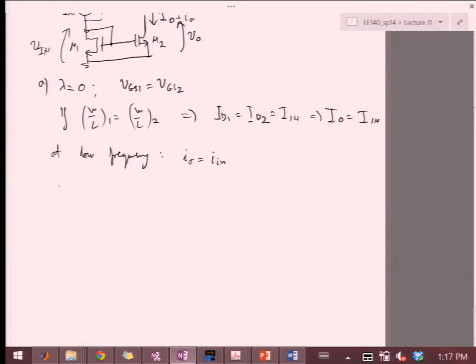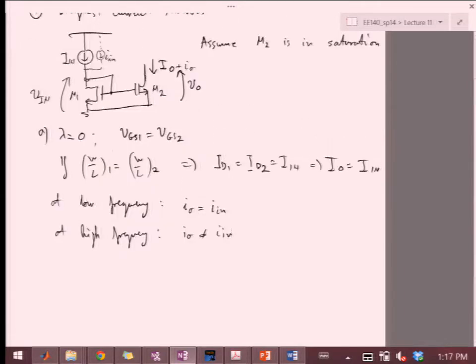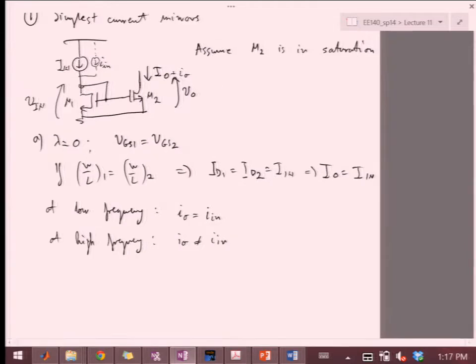Now at high frequency, I out is not going to be equal to I in, because there are a lot of different capacitor paths through which the currents can leak out. So not all the current will go through this transistor, through the drain, and be replicated over here through the VGS.